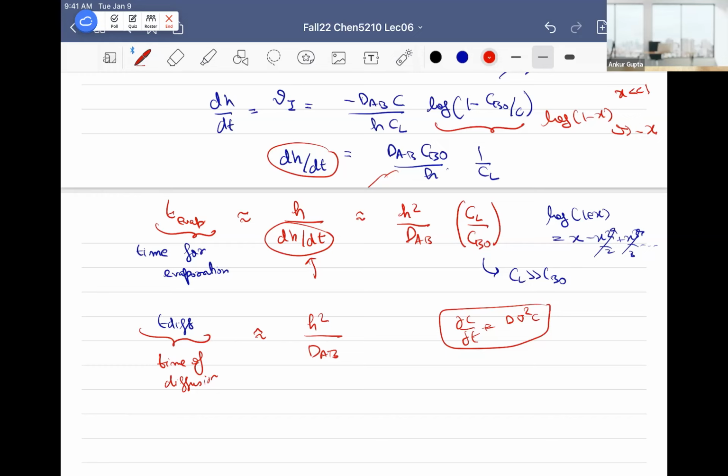So you asked about the interface velocity.